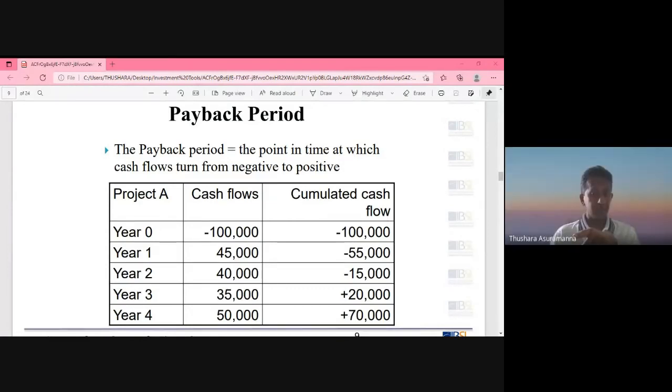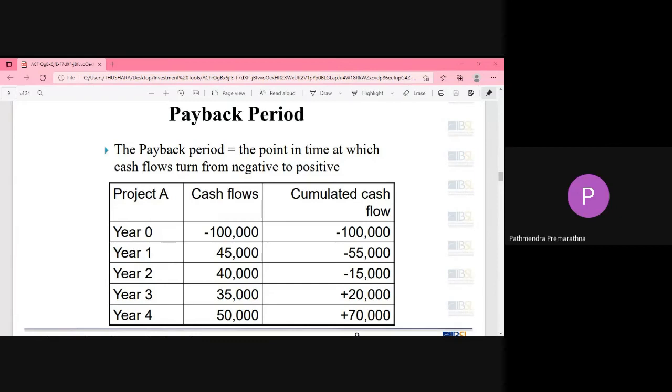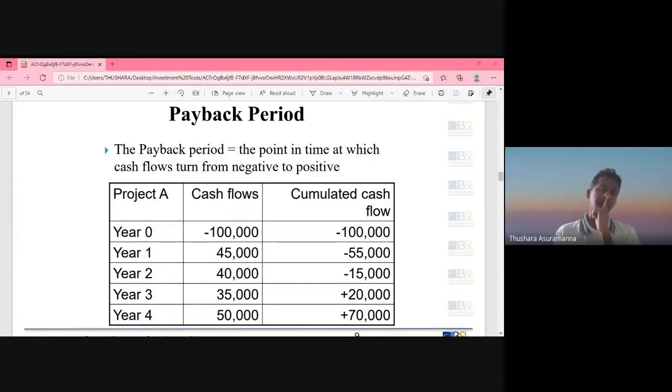Not 4 months. Then how much? 0.4 into 12, then it's months. 12 into 0.4 is 4.8.